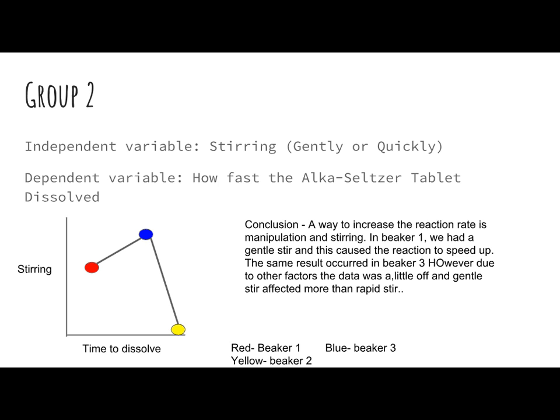In conclusion, basically it should be the more you stir, the faster it dissolves. But in our data, the gentle stirring was the fastest, while high stirring was in the middle. I like that you pointed out the error that occurred, so that's very good to include in your discussion as well. Did one person stir the whole time? We had two people stirring. One person stirred one and one person stirred the other. So could that have been a variable?